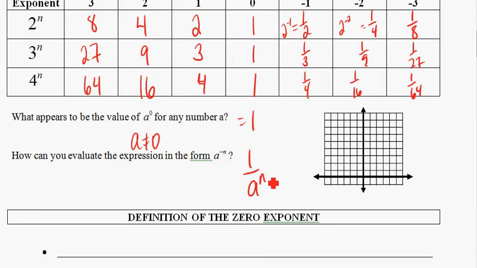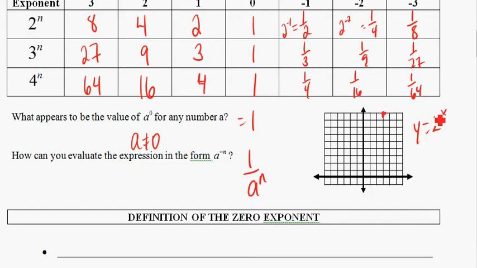One thing we can also see to understand why anything to the 0 power has to be 1 is by looking at a graph. If we take a look at the equation y equals 2 to the x, it's a lot like our chart up here. Instead of n, we've got x. When x is 3, we go up to 8.